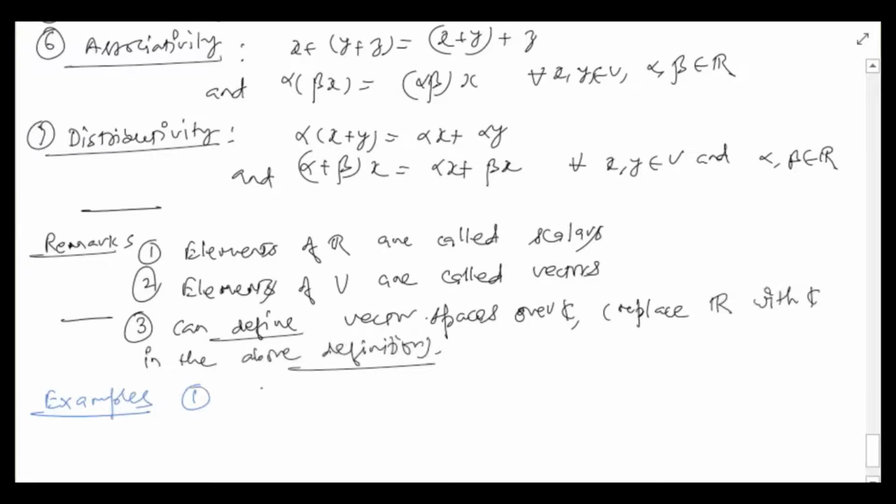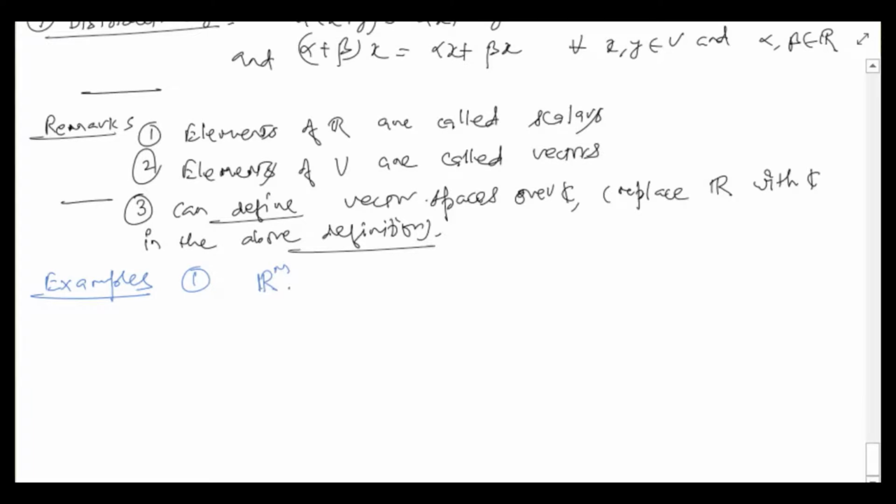The first example is R^m, that is set of real valued vectors of length m along with these two operations. This is a vector space over R. Recall that this is vector addition and this is multiplication of a vector with a scalar, as we had seen a while ago when I introduced vectors and matrices.